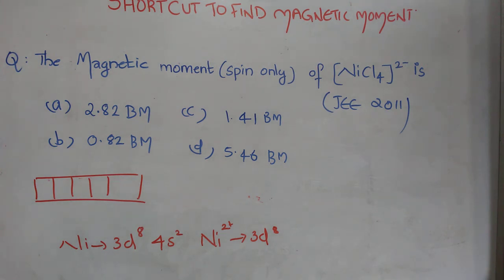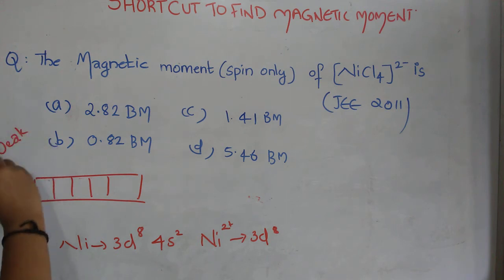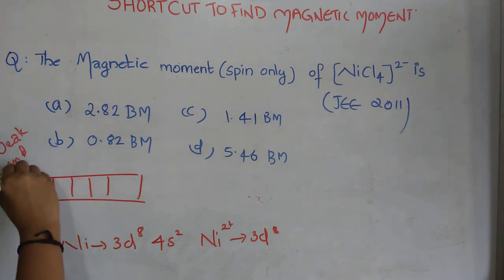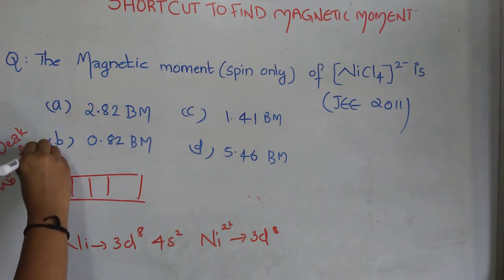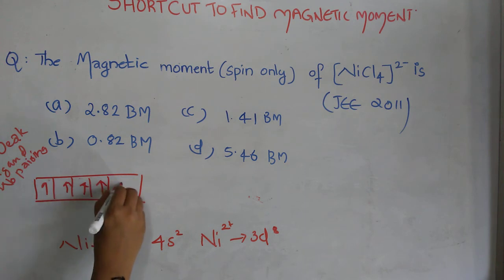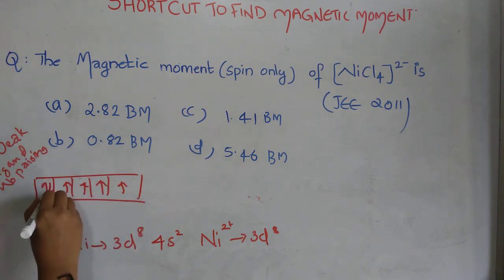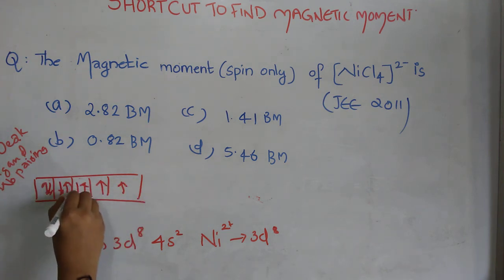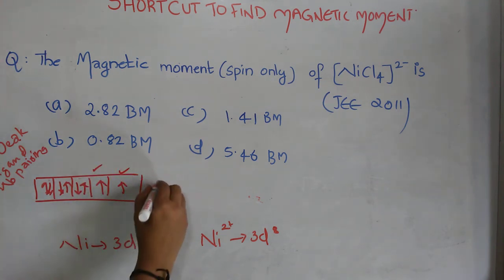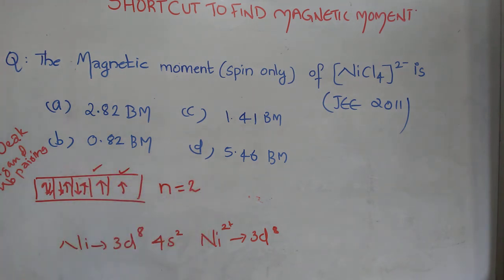For right now, for the time being, you should know that weak ligand means no pairing. So what will be the case here? It will be 1, 2, 3, 4, 5, 6, 7 and 8. So how many unpaired electrons are there? We are having 2 unpaired electrons.